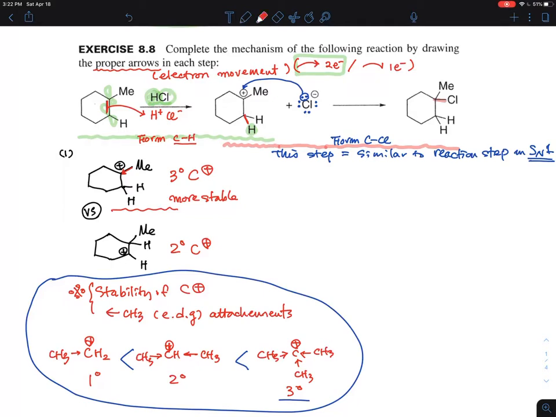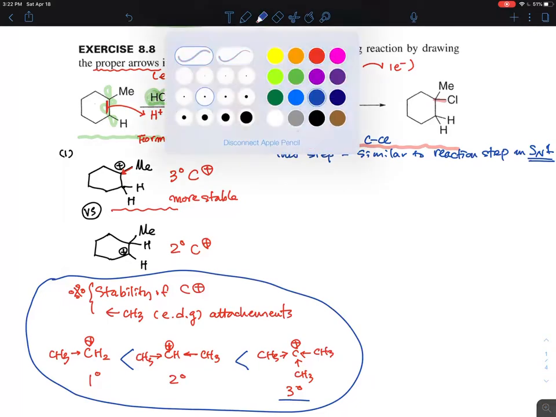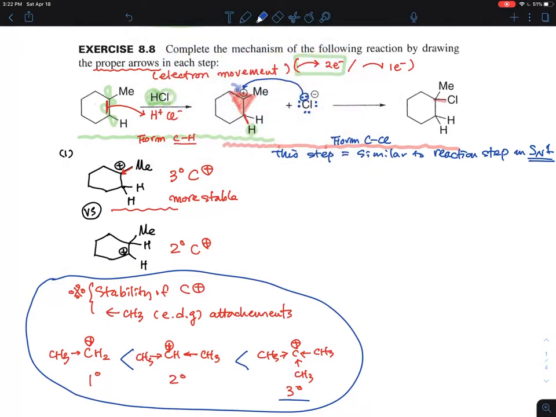And I think if you look at Dr. Ma's lectures, this is more like a plane, right? So this is what we call sp2. This is an sp2 carbon, which is like a planar triangle.